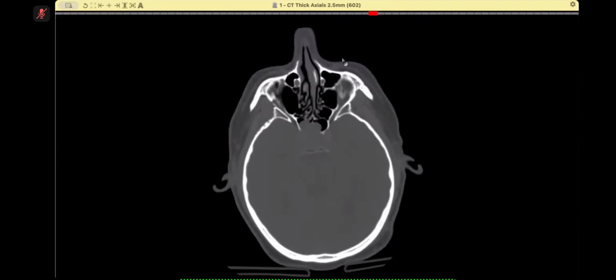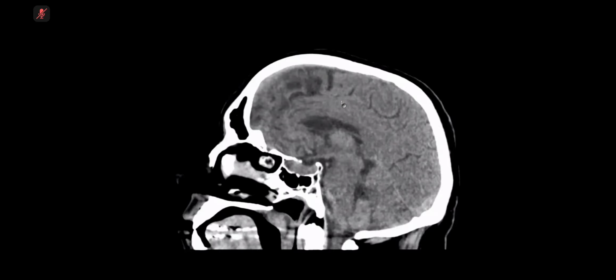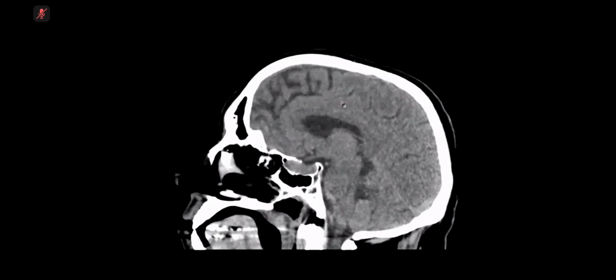The clivus is not visualized. I will scroll through the images, I'm unable to scroll. Okay, can you just stop using the mouse? Okay. So what is happening? I'm scrolling for you.